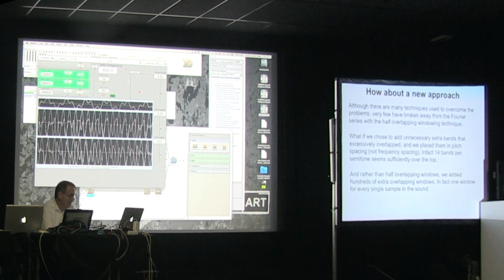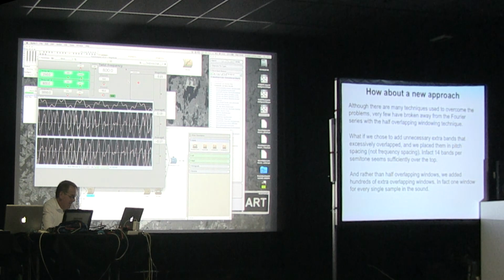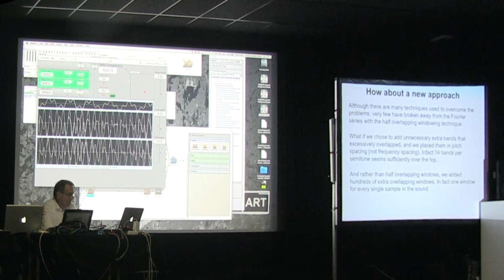Well, I've been thinking about a different approach altogether. This is me thinking, let's go right over the top. Let's not have the limit of this Fourier series. Let's say instead we had loads and loads of frequency bands.